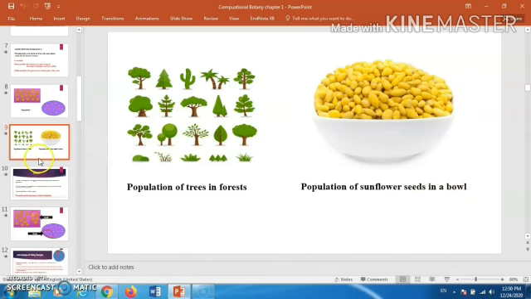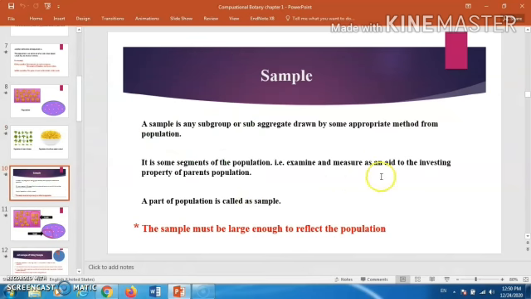Then let us see about the sample. A sample is any subgroup or subaggregate drawn by some appropriate method from the population. If you understand well the term population in statistics, then you will easily understand the meaning of sample here also.